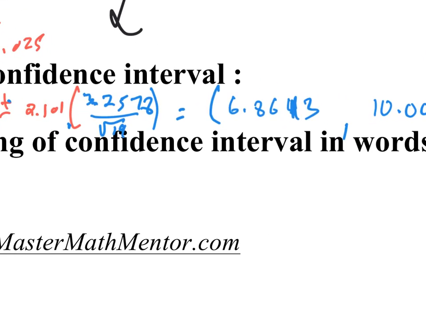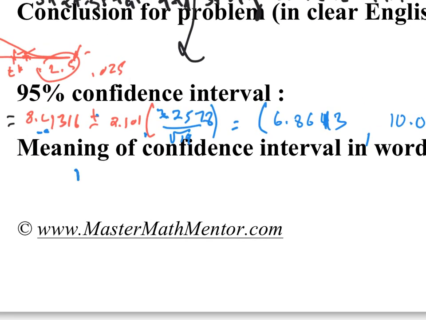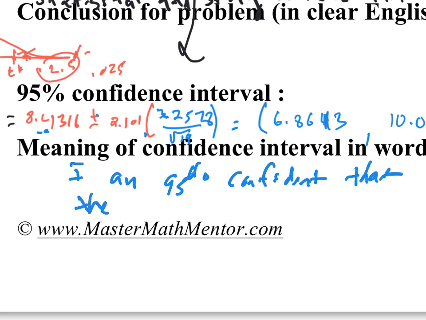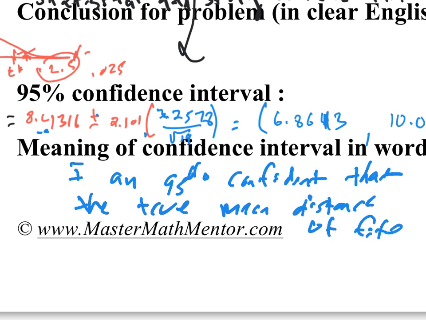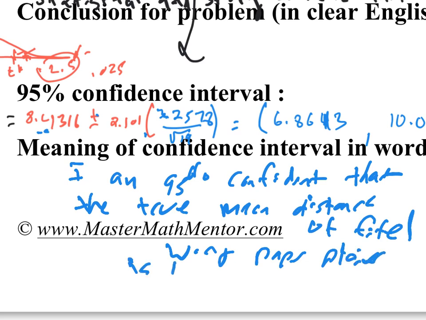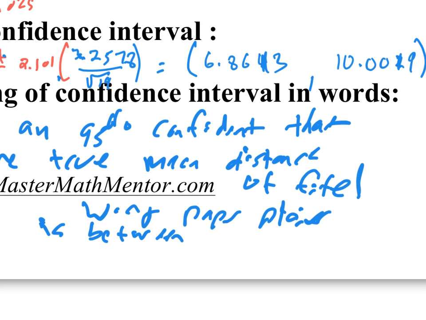So, but here I'm going to round it. Well, I am 95% confident that the true mean distance of fixed wing paper planes is between, I love it, 6 feet and 11 feet.